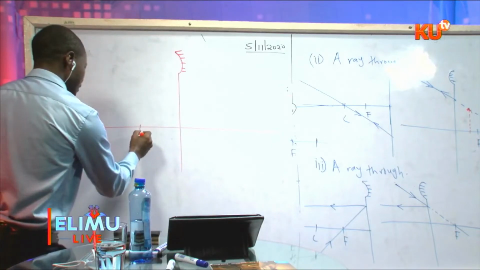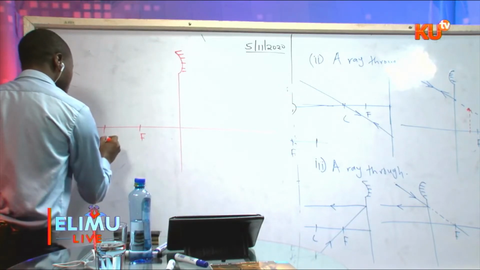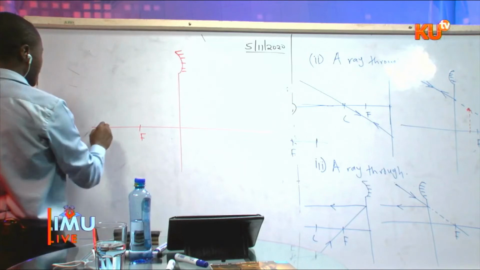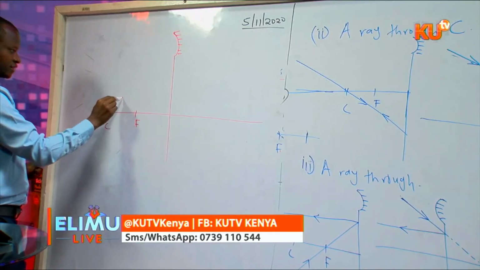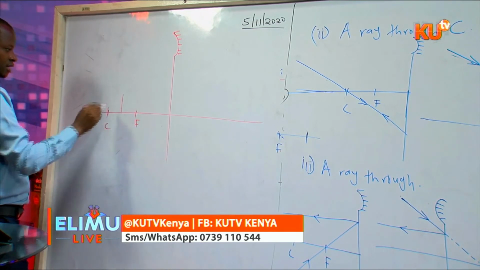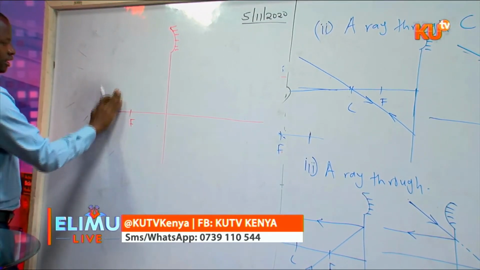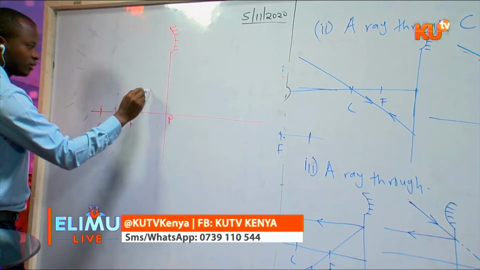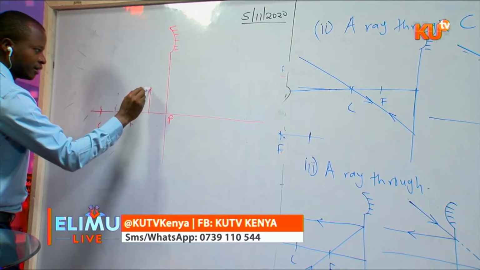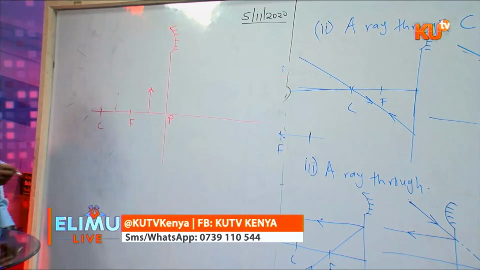Then you have your F here and you have your C. Then let's say we have an object between C and F, something like this. This one will be too big. Let me even use an object between F and P. Just an example, an object between F and P. We want to see where the image is formed.